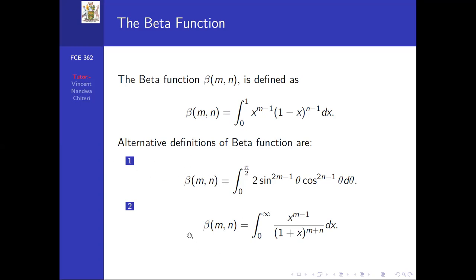And sometimes you may be given a problem which requires your limits be from 0 to infinity. So you have to know the structure of the definition of the beta function with parameters m and n. Once you know the definition, also remember these other alternative definitions that can always be very useful depending on the kind of problem you're solving.